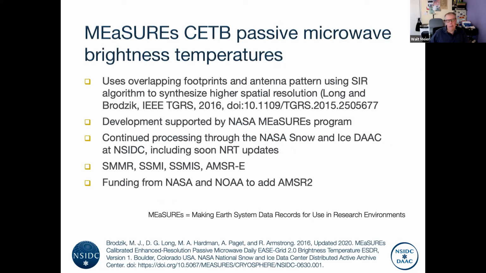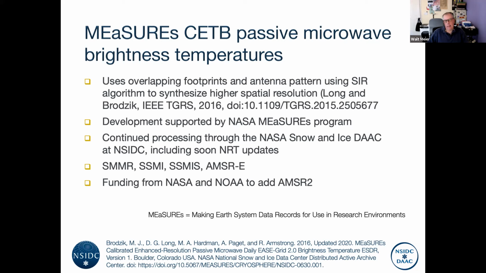The next one I wanted to mention is the MEaSUREs CETB, calibrated enhanced-resolution brightness temperature from passive microwave. This product's been around for a bit, but there are some new developments. It was originally supported by the NASA MEaSUREs program, a 5-year program to develop and get the initial data set out.